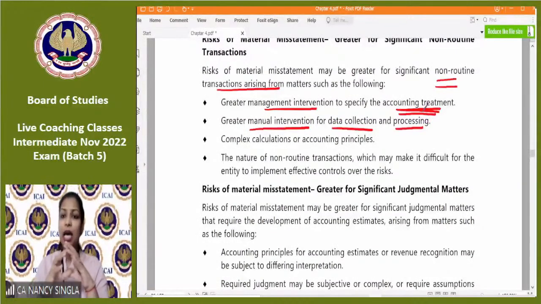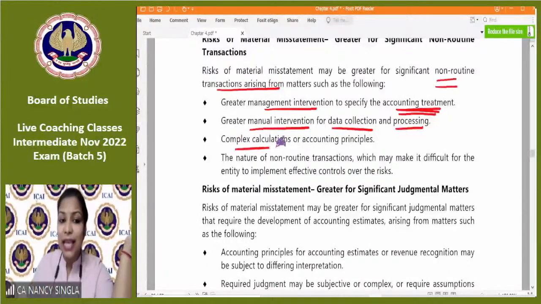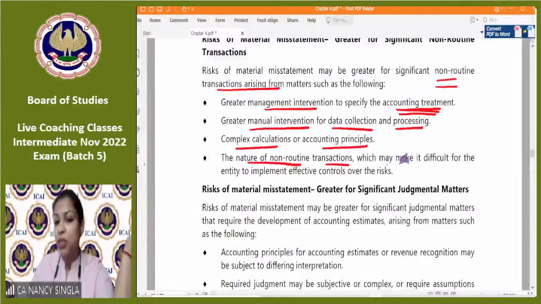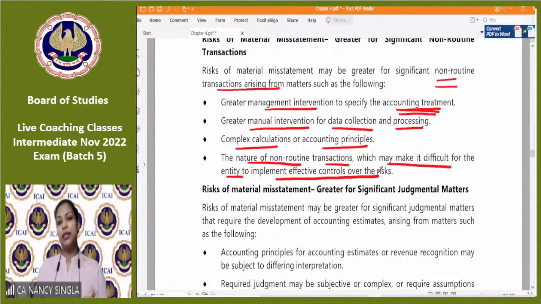Greater manual intervention of data collection and processing. Why? Because this is unusual. It is not a routine transaction for which there must be some system in place. So where manual intervention is there, collusion among parties and among employees can happen. Complex calculations or accounting principles. And the nature of non-routine transaction may make it difficult for the entity to implement effective controls over the risk. So that is why such areas become significant risk.